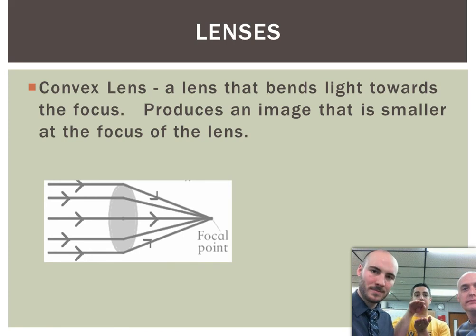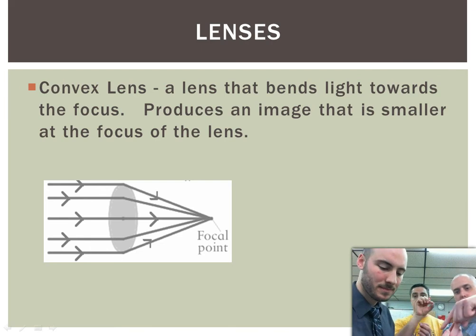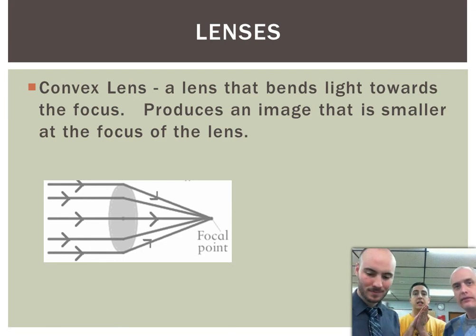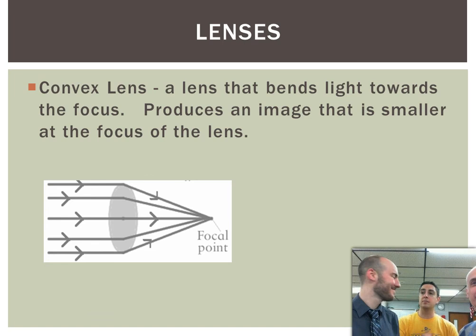When they hit the lens, they get to about the middle, they get bent, and there's a specific spot where they all come to a point. If you can't see far away, they stick a convex lens in and position it just right so that it focuses the light into a certain spot so you can see better.